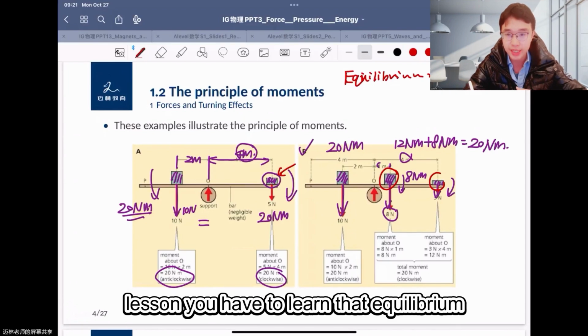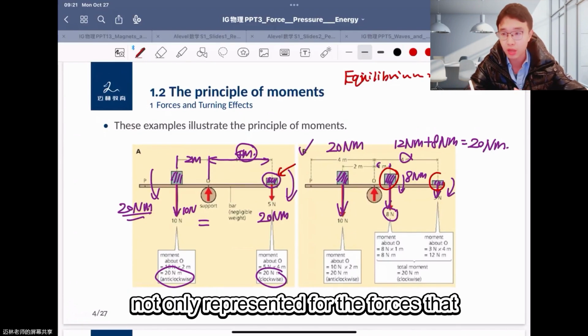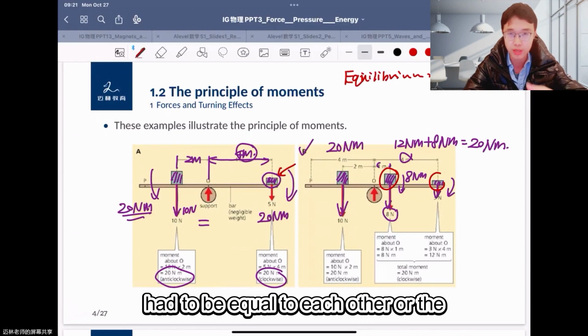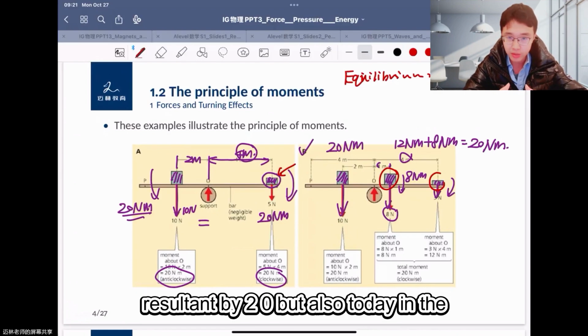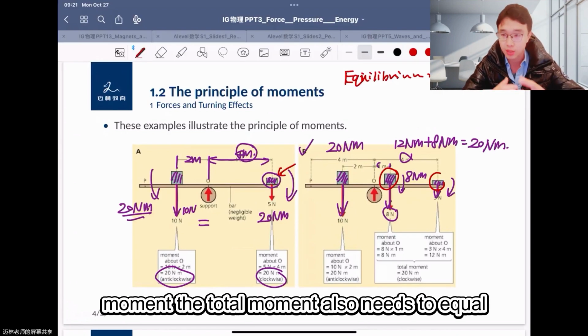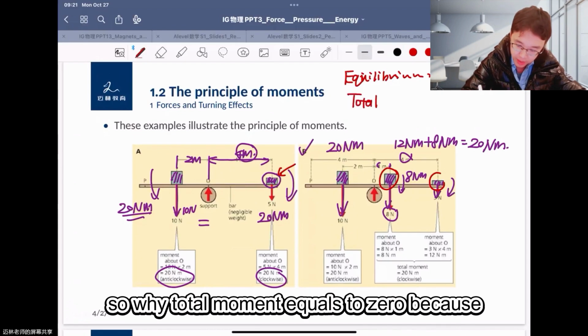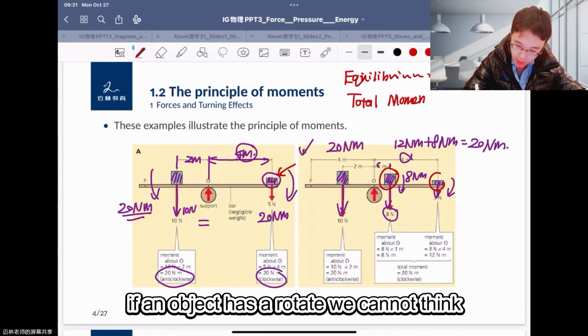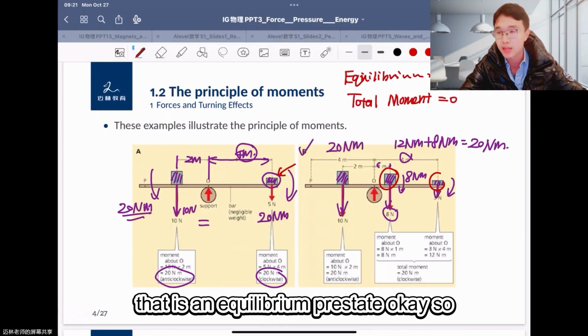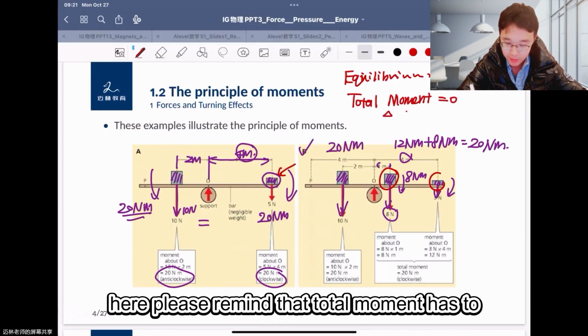But in today's lesson, you have to learn that equilibrium not only requires the forces to be equal to each other or the resultant force to be zero, but also the total moment needs to equal zero. Why must the total moment equal zero? Because if an object is rotating, we cannot think of it as an equilibrium state. So please remember that the total moment has to equal zero.